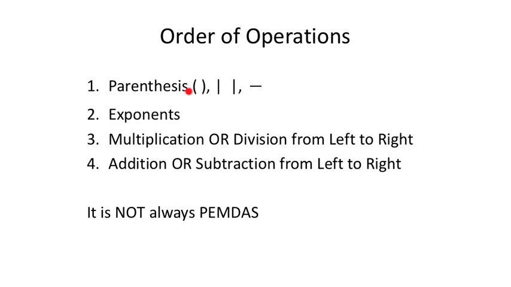So parentheses, okay? Now, we've seen the parentheses with the associative property of both multiplication and addition. But if you were to see, this goes back, but these are absolute value parentheses. Okay, if you see absolute values, they become parentheses, meaning you must do them first, just like you would a regular set of parentheses, like we're showing here.